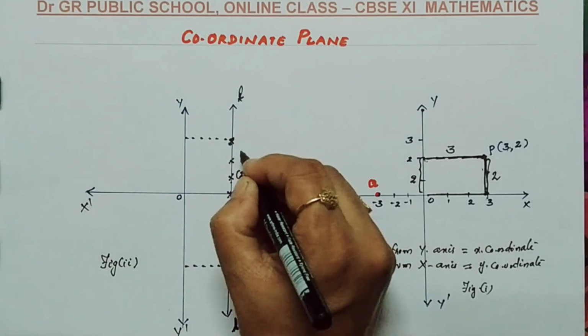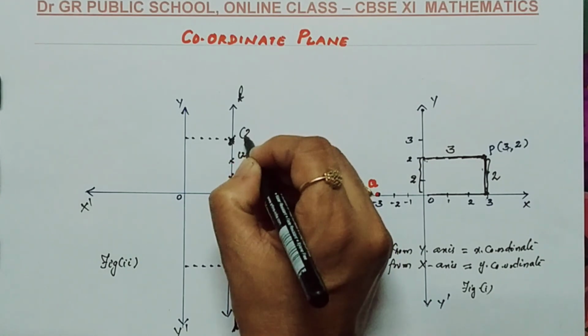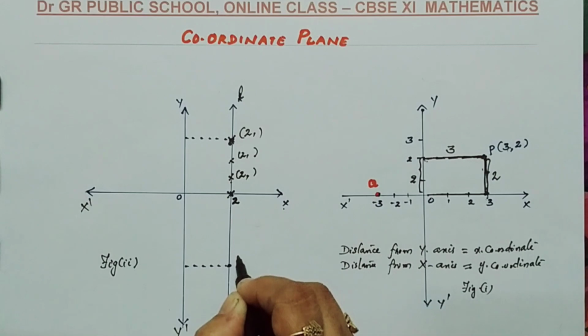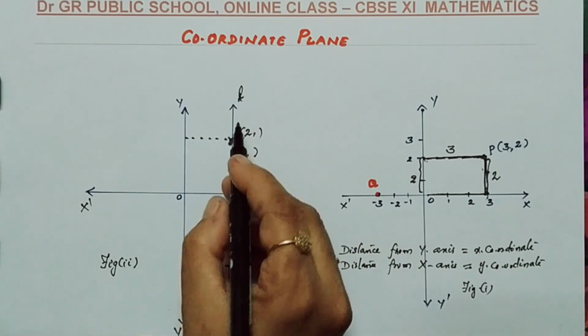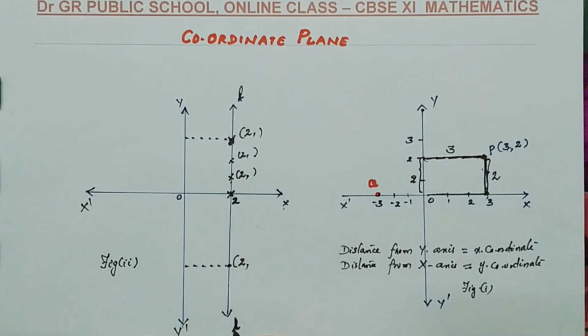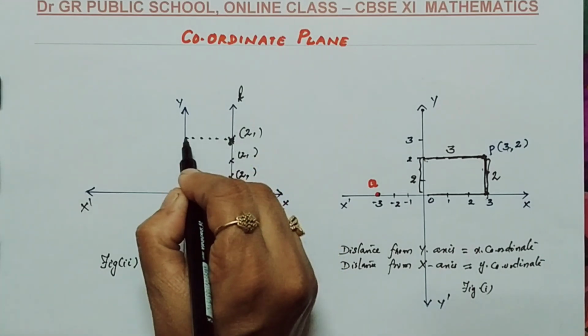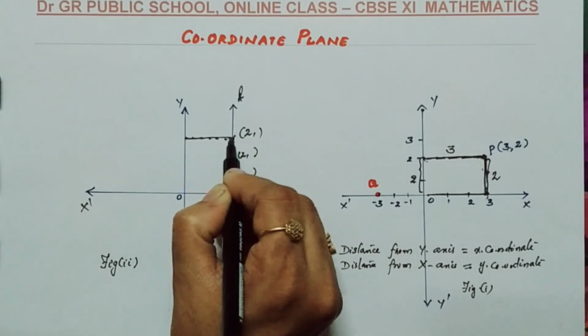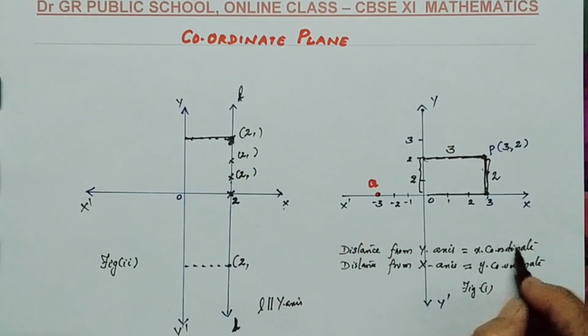Here also the x coordinate of the point is 2. Here also the x coordinate of the point is 2. Why? Because the line L is parallel to the y-axis. As this line is parallel, the distance of the line L from the y-axis is the x coordinate.